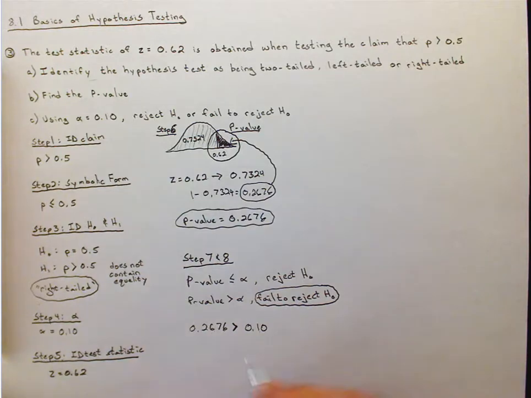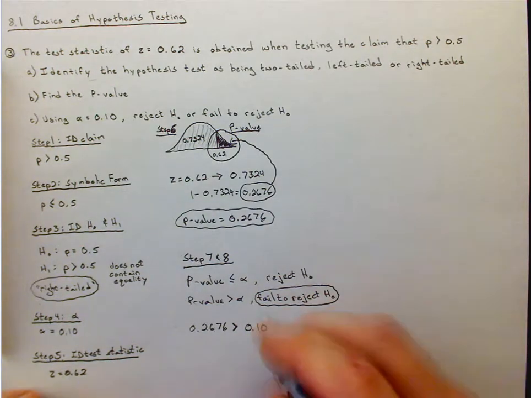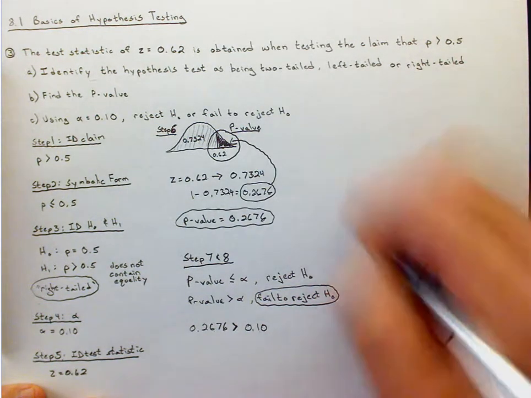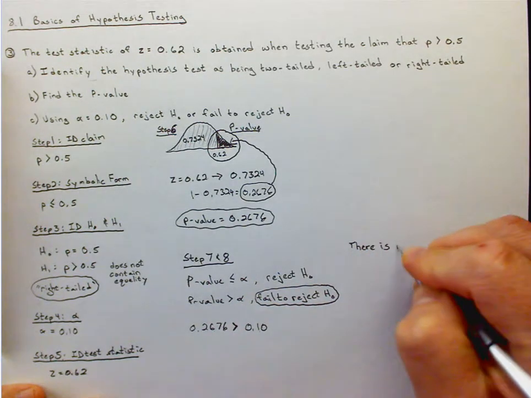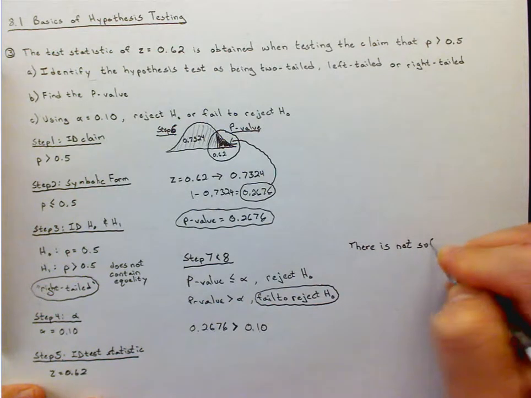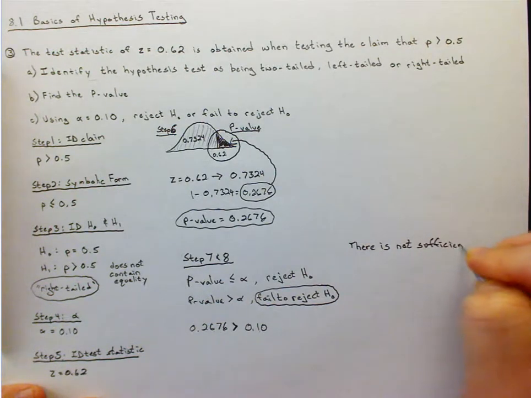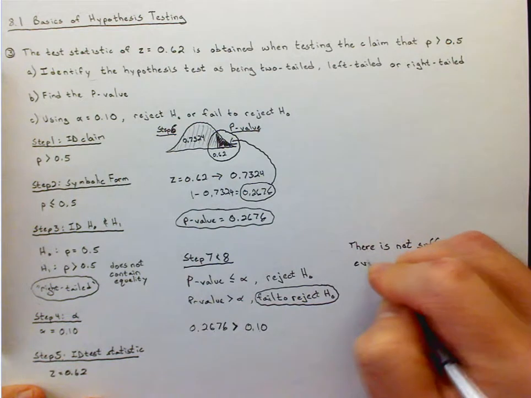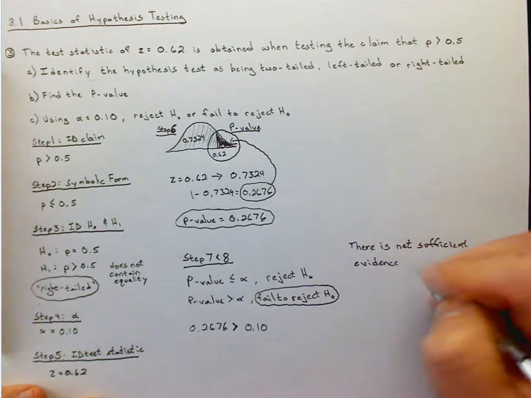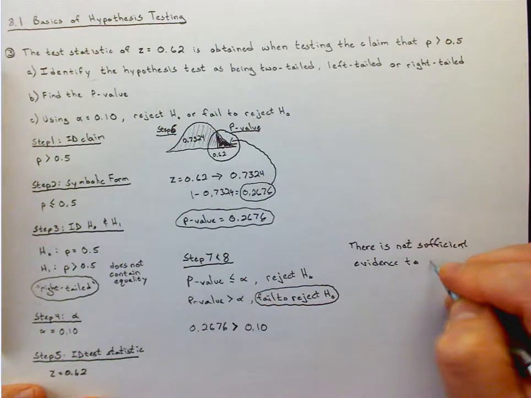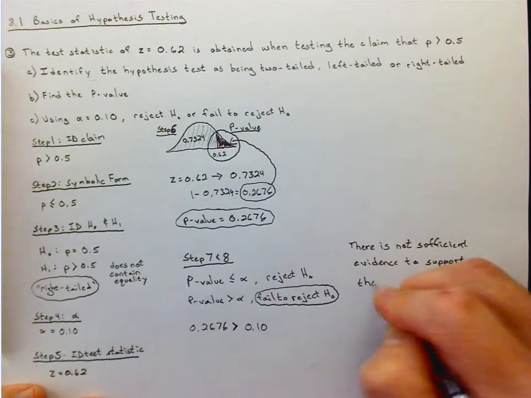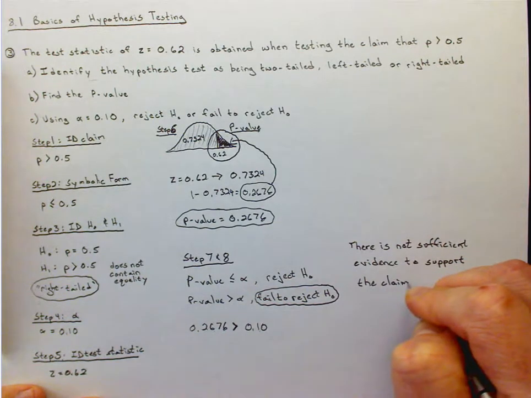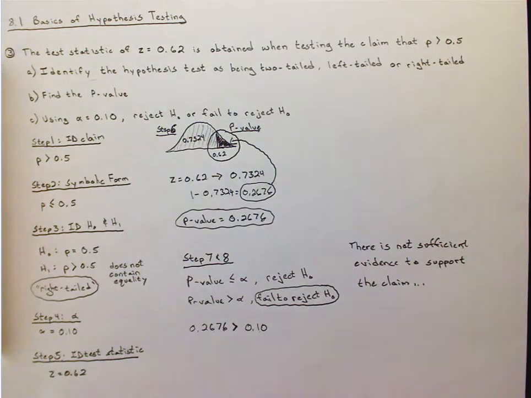And what that says, and this is step 8, I'll write it up here or over here, more or less says there is not sufficient evidence to support the claim that p is greater than 0.5.